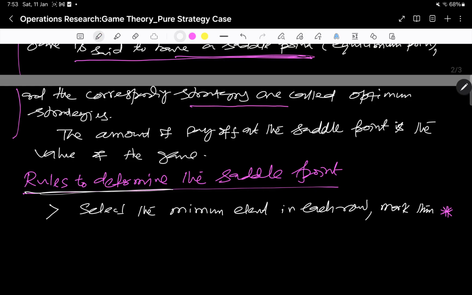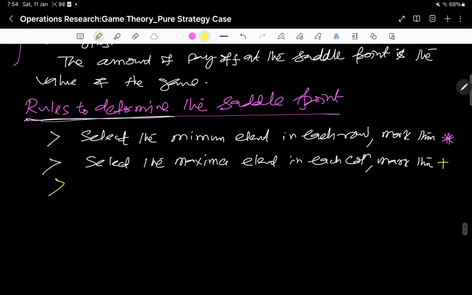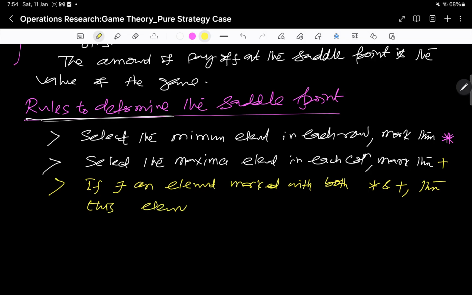Then you select the maximum element in each column and mark them, suppose with a plus. Finally, if there exists an element marked with both star and plus, then this element is the saddle point.